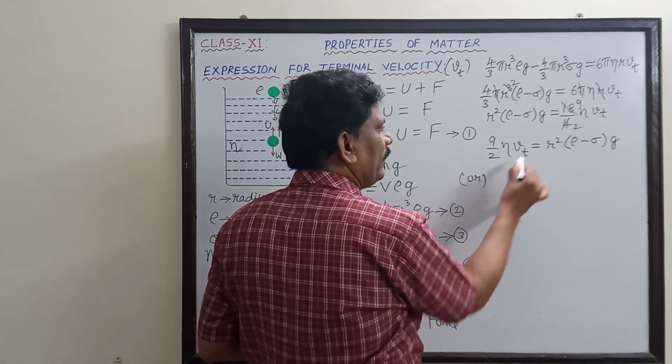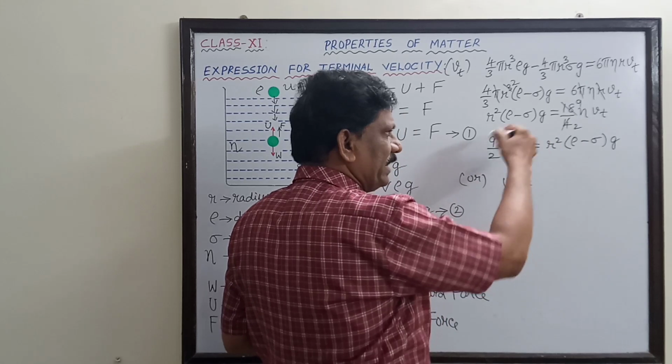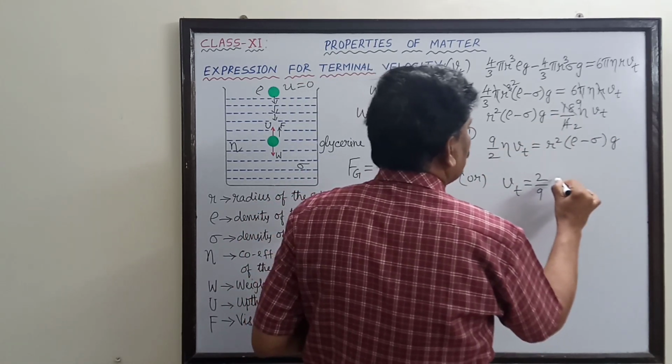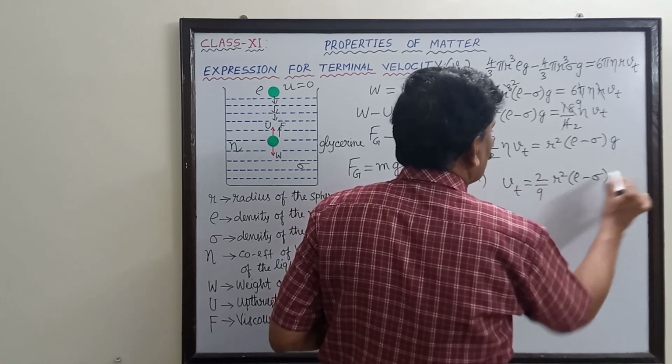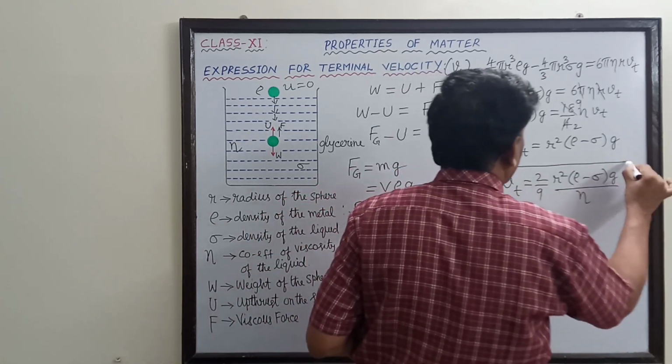Or terminal velocity Vt is equal to this 9 by 2 goes to the right side by what? 2 by 9 into r square into rho minus sigma into g whole divided by the coefficient of viscosity.